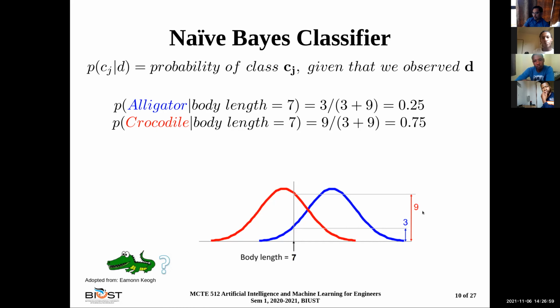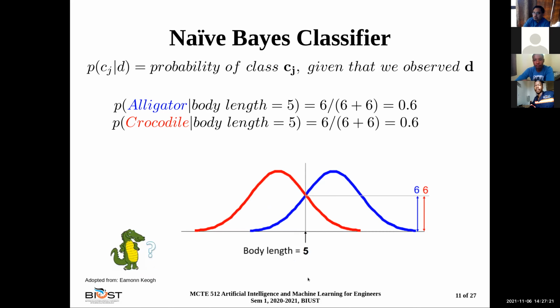In the distribution, in this class here, there are 9 crocodiles, that is the red, and there are 3 alligators, that's the blue. So 3 divided by the total, 3 plus 9, and in the case of the crocodile, 9 divided by 12. So most likely it is a crocodile.